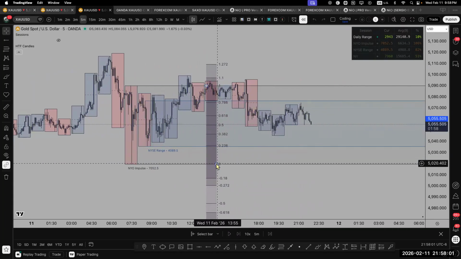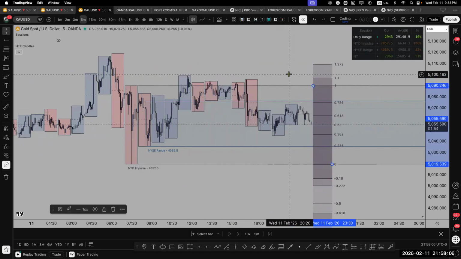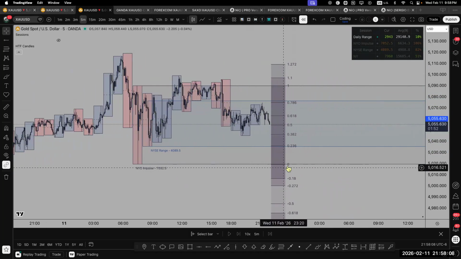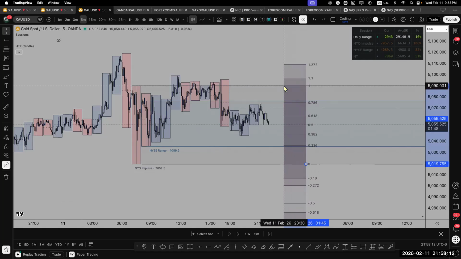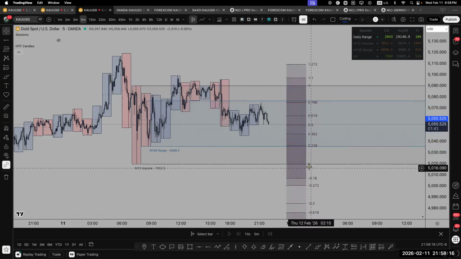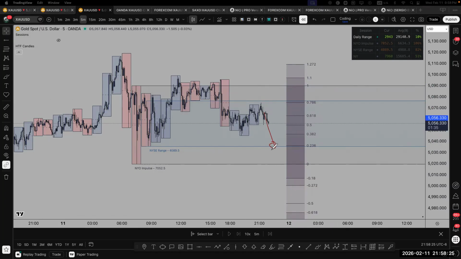So this thing is still active. And again, we can let price come touch the 23%. And if we break it, ahora sí para abajo.